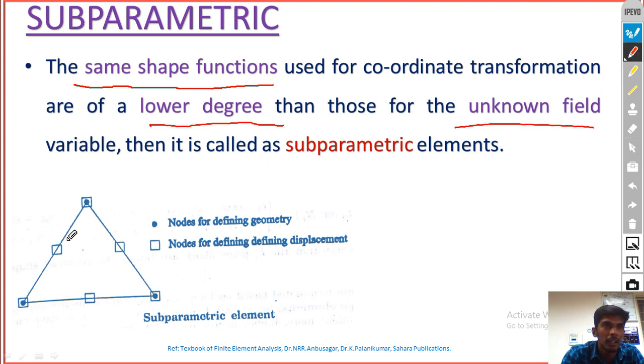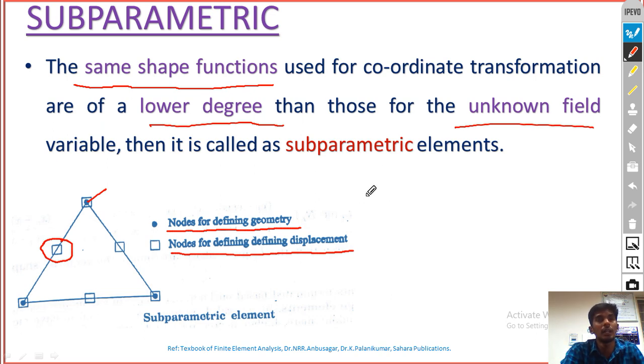What does the box indicate? Nodes for defining the displacement. What does the bulleted point indicate? Nodes for defining geometry. For every diagram you should represent this clearly: the box indicates nodes for defining displacement, and the bulleted point indicates nodes defining geometry.